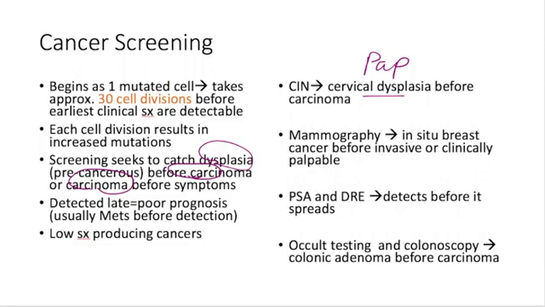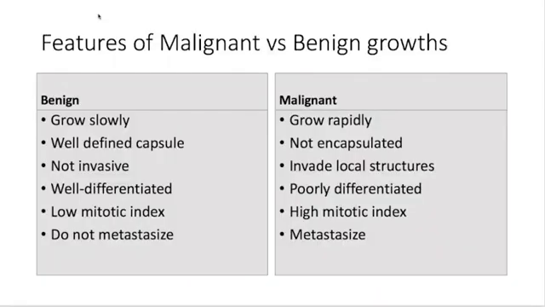When we're looking at colon cancer, we're looking at occult testing, which is your send home kits for FIT testing or your fecal occult blood testing, and then colonoscopy, and that is to identify an adenoma before it progresses into carcinoma.